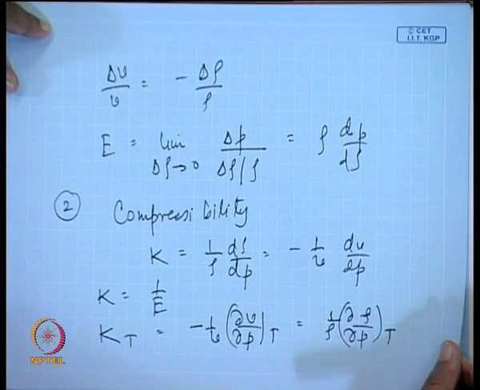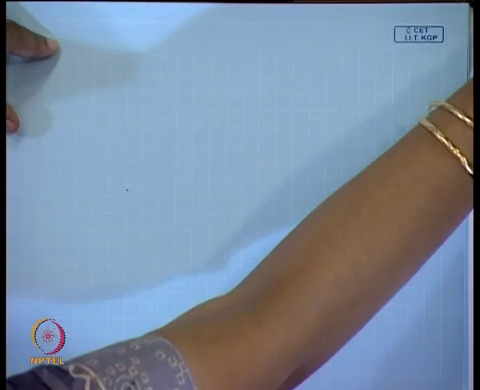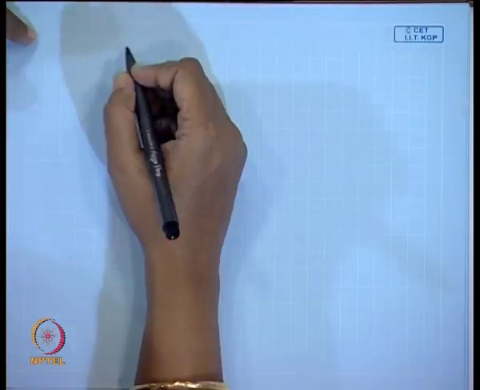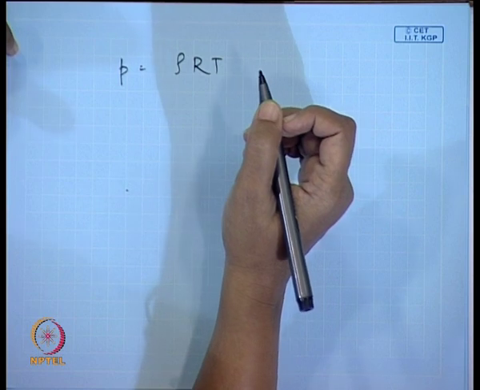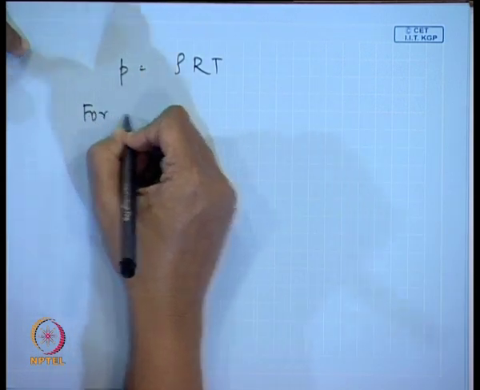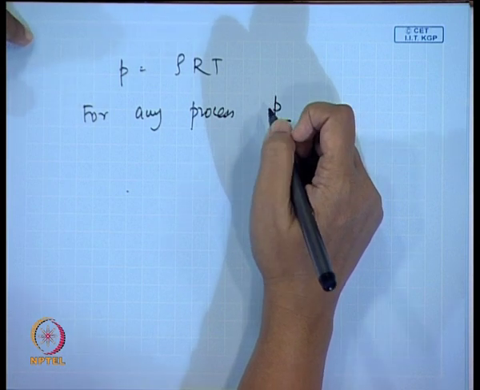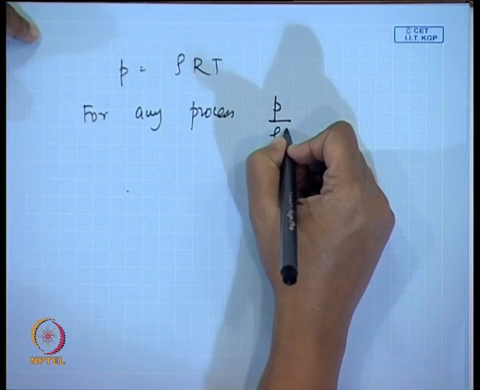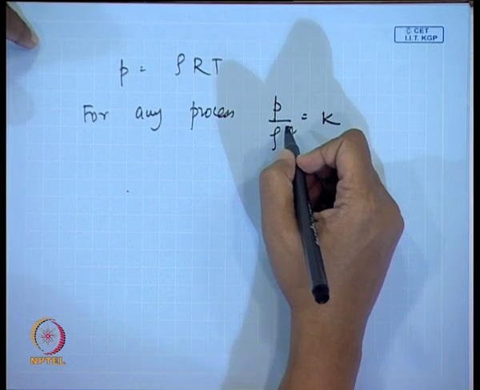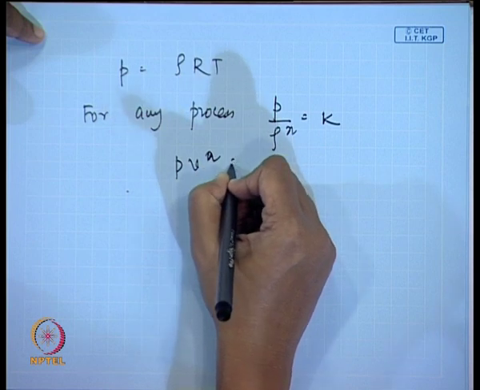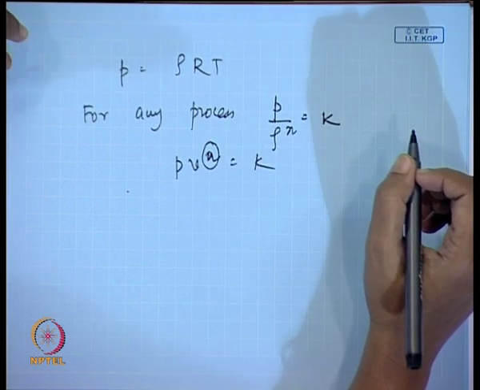And so, from here we find that for real gases which are far removed from their liquid states, for such gases usually the ideal gas equation is quite valid, for which we can write P equals rho R T. We know that whenever the gas undergoes any particular process, we can describe the process in terms of P by rho to the power n equals a constant k, or rather P v to the power n equals k, where the value of n depends upon the process that we adopt.